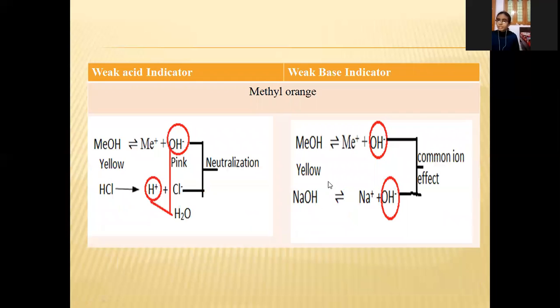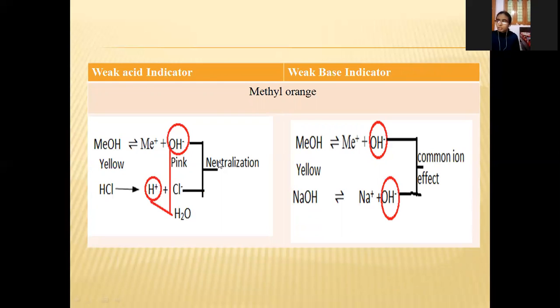Next example is methyl orange. So if we take methyl orange as the indicator, methyl orange is a base. When it is dissolved in the strong acid, that is hydrochloric acid, here the hydrogen and here OH will get separated in the form of water molecule.